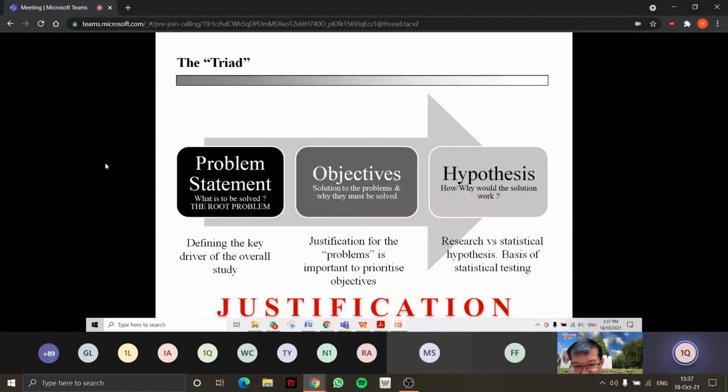So that will be the objective, the solution to the problem. And how this solution turns out to solve the problem will be the hypothesis. You hypothesize, the moment this person is having fever, the moment you give them this drug, it will get rid of the fever.